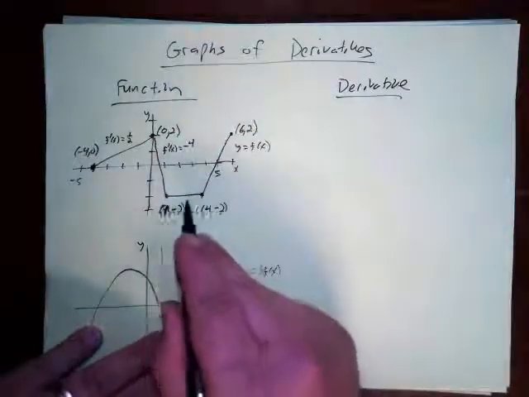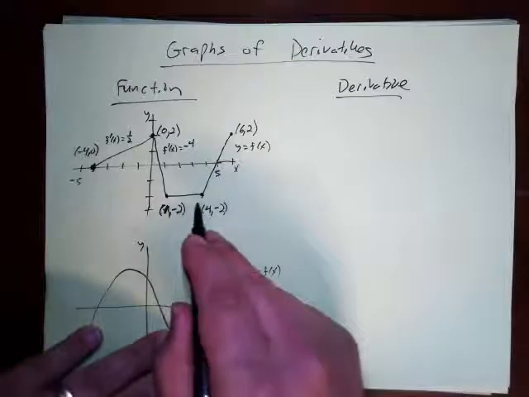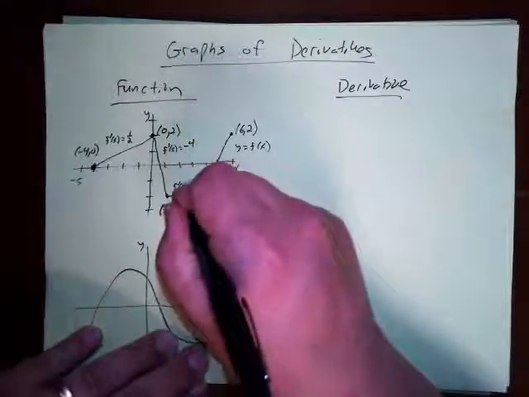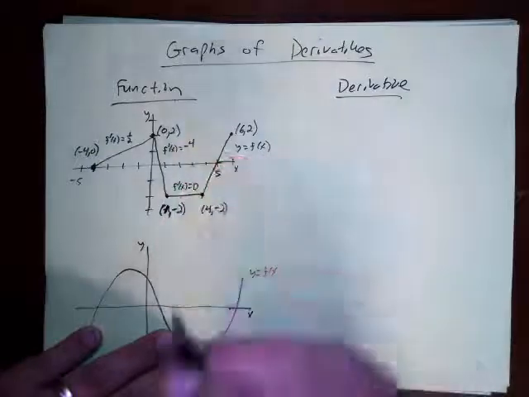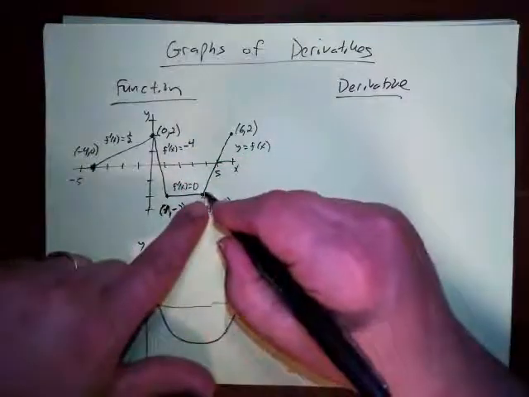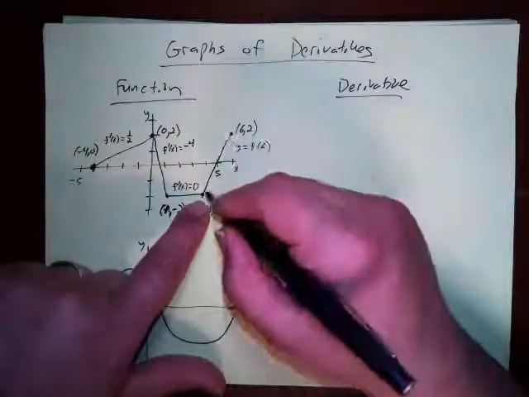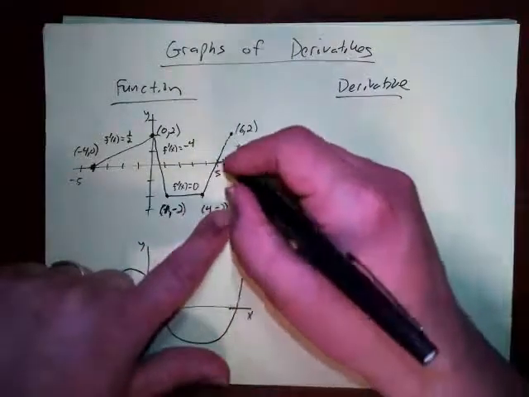From here to here, the graph isn't changing at all, right? It's a constant. So on this interval, the derivative is just 0. And then from here to here, the y values change 4 and the x values change 2.